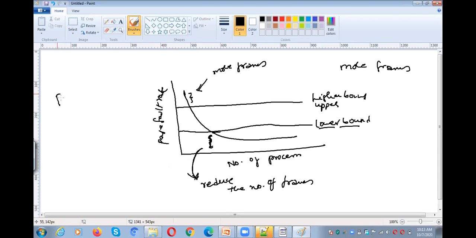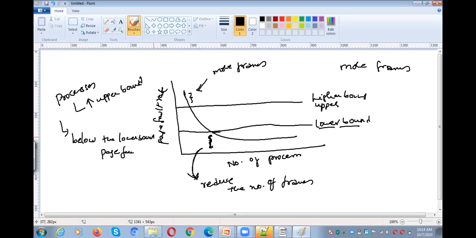Here we are dividing the total number of processes into two categories: those whose page fault rate is above the upper bound, and those whose page fault rate is below the lower bound. The processes above the upper bound, we need to give more frames.